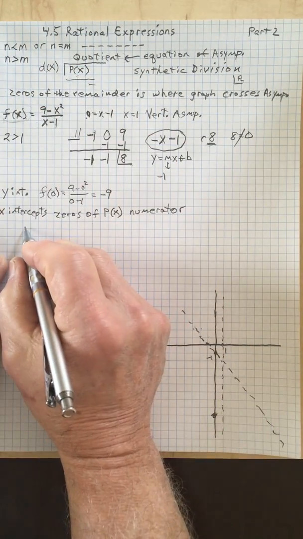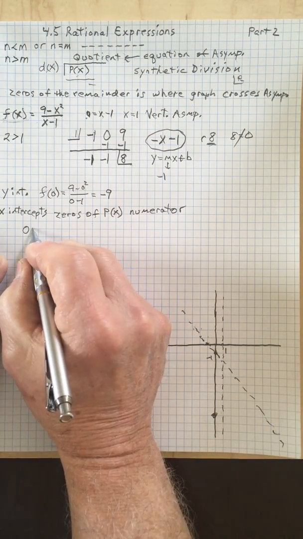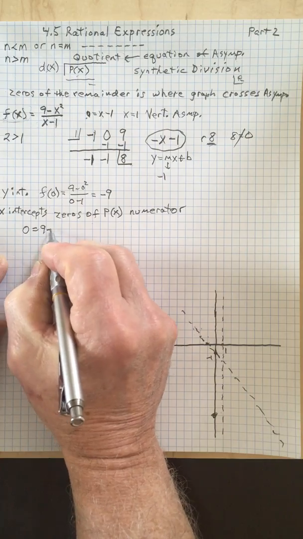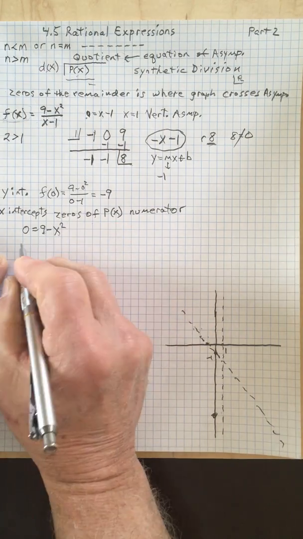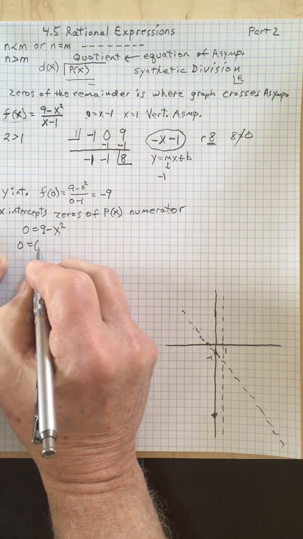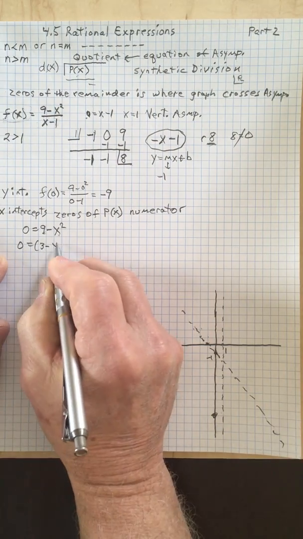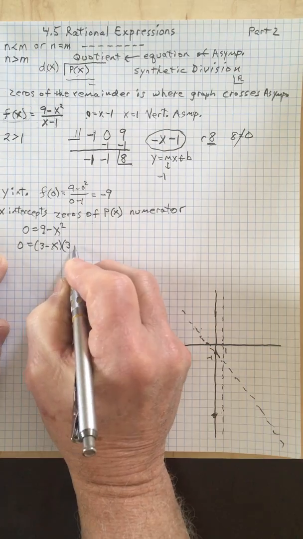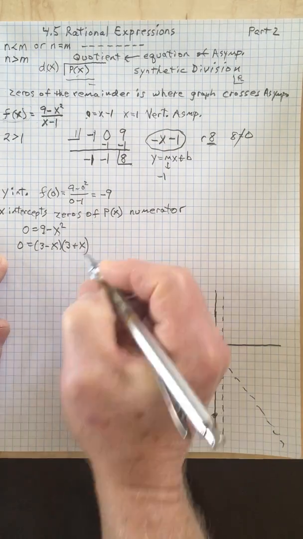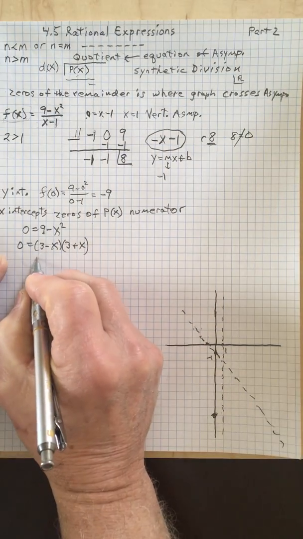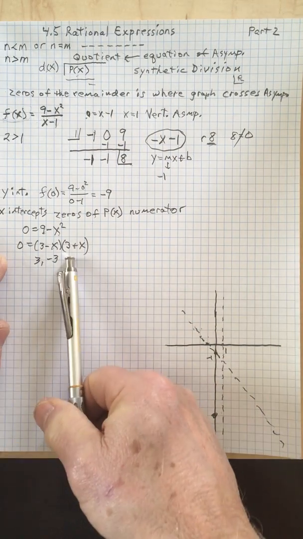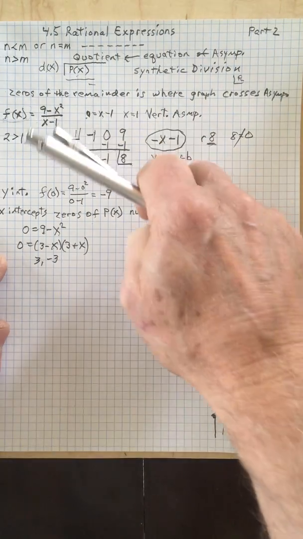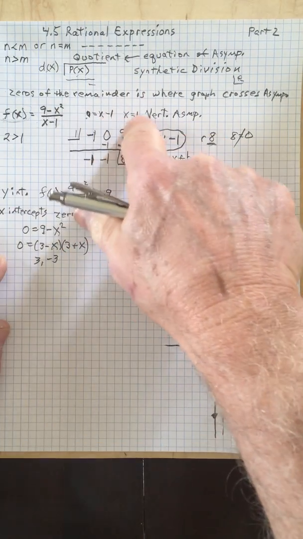So if I take the numerator and set it equal to 0 and solve for x, this is the difference of two squares. So my zeros are 3 and -3. So in other words, these values are not excluded.